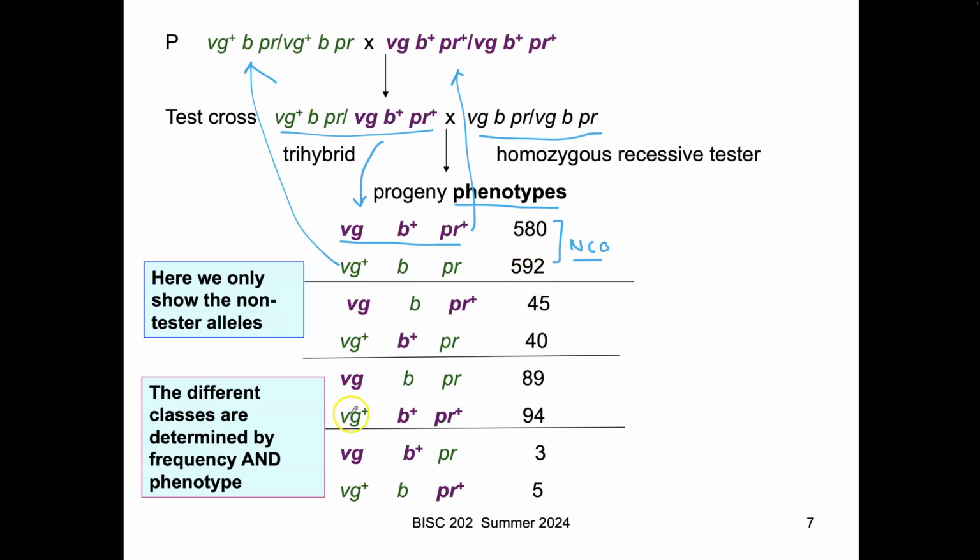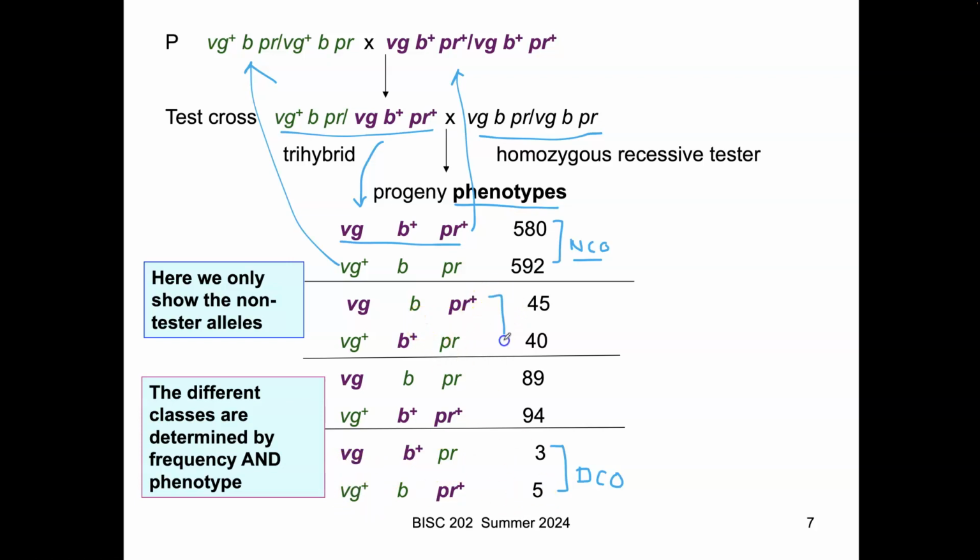And then we also expect to see two categories with really low frequencies, and these are our two crossover classes, because having two crossovers is much less frequent than a single crossover, okay? And so these are the genotypes for those.